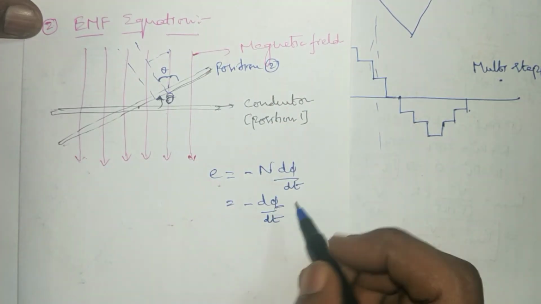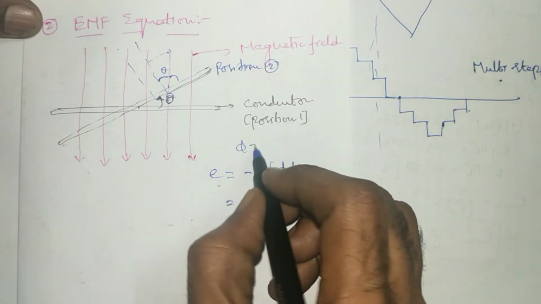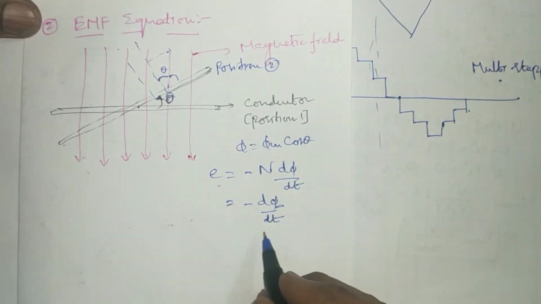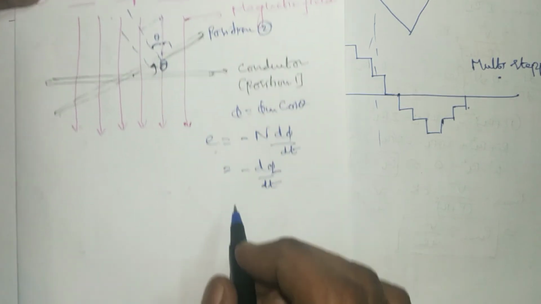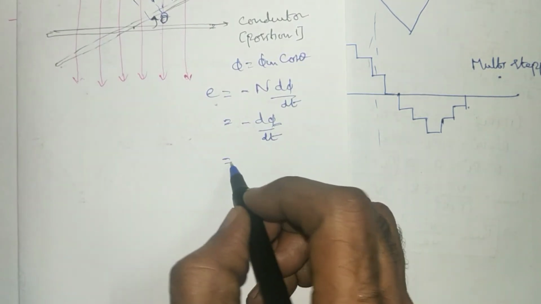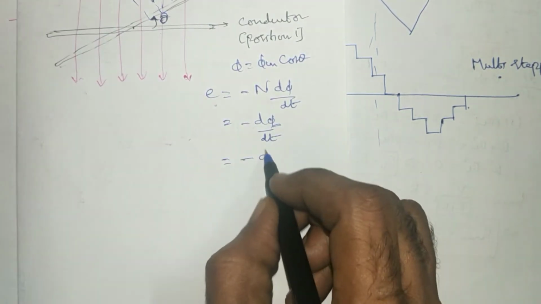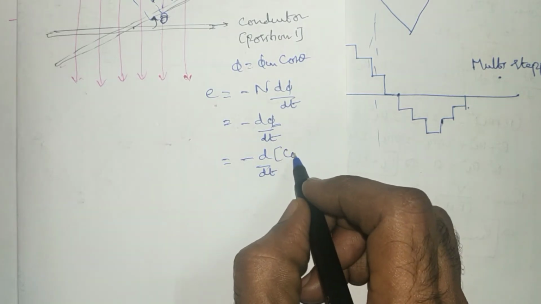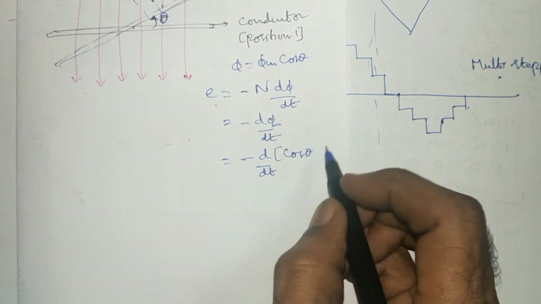So here phi becomes equal to phi m cos theta, and substitute in this equation. We are going to have the EMF induced is equal to minus d by dt of phi m cos theta.